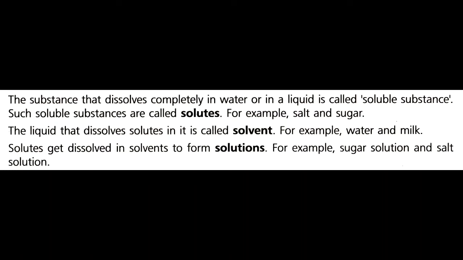For example, water, milk. The example we just gave, in that sugar was the solute and water was the solvent. Solutes get dissolved in solvents to form solution. For example, sugar solution, salt solution, etc.